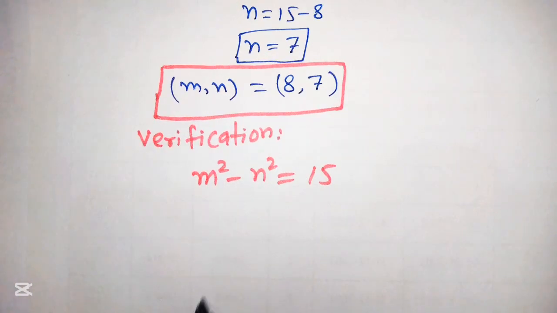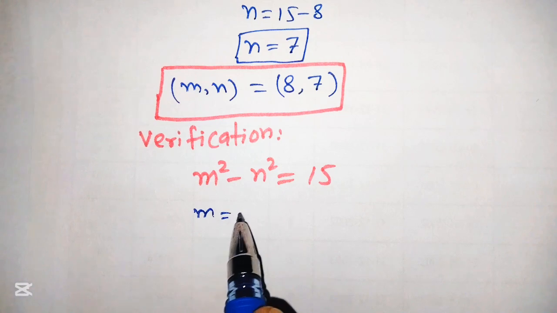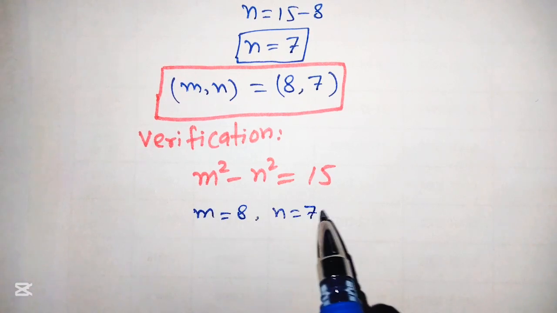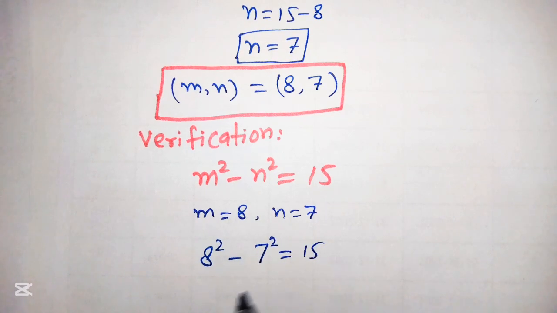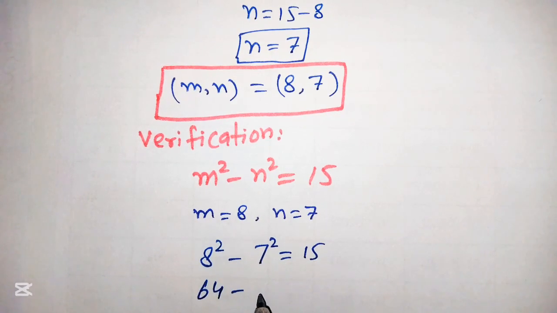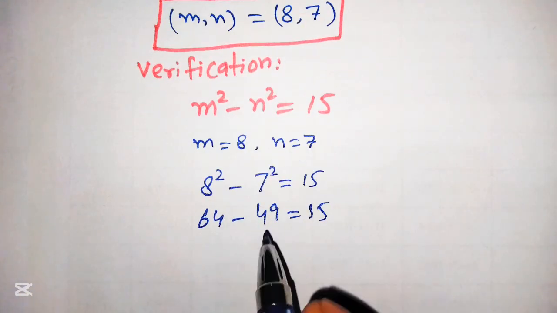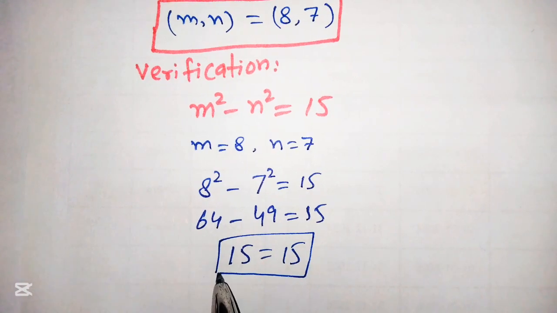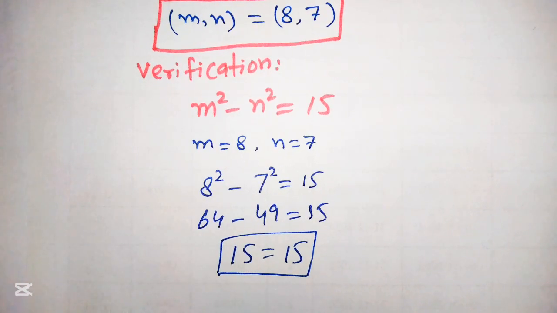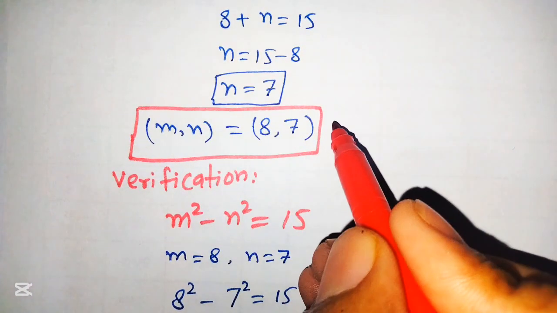We put m is equal to 8 and n is equal to 7 and we get 8 square minus 7 square is equal to 15. 8 square is 64 minus 7 square is 49, and 64 minus 49 is equal to 15. So 15 is equal to 15. Left hand side is equal to right hand side, hence we can conclude that the solution m, n is equal to 8, 7 is a verified solution.